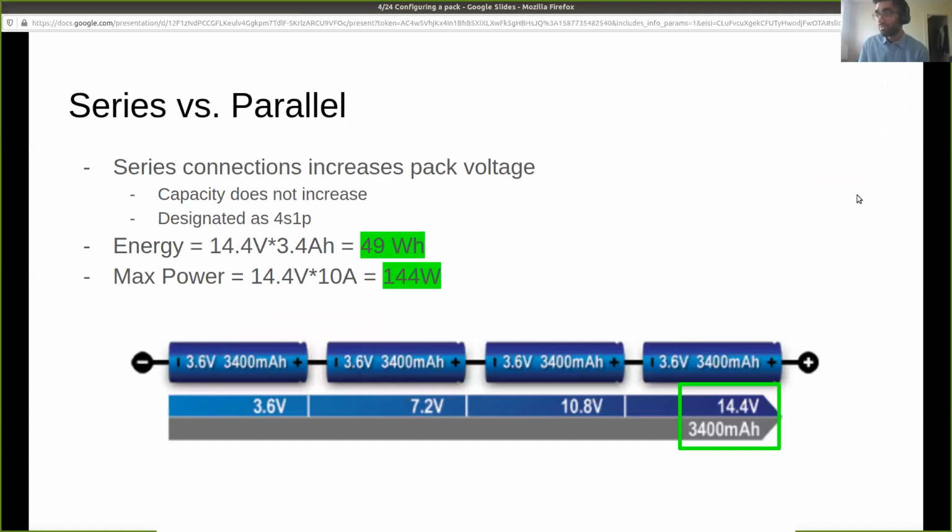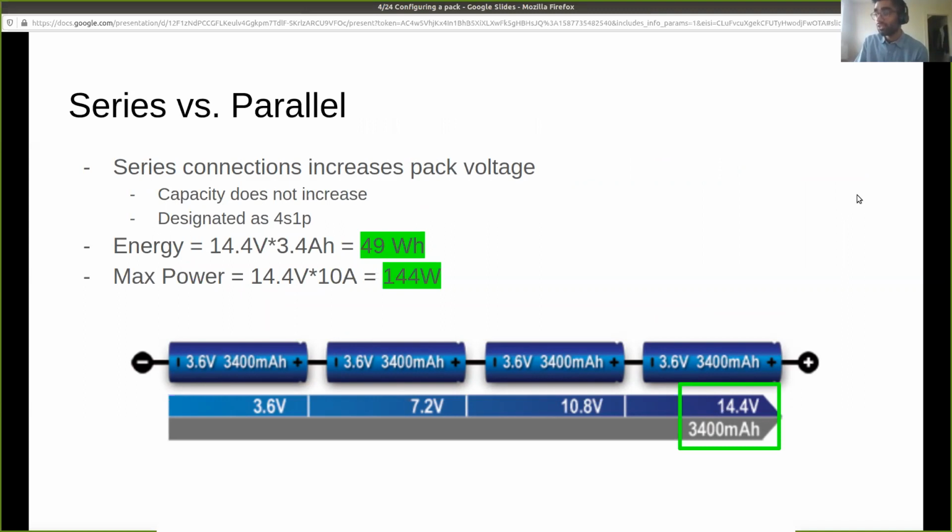One way of connecting them, if you want to build up a battery pack, is connecting them in series. As you connect cells in series, the voltage will increase, but the capacity will stay the same. So if you have 4 cells in series and 0 extra cells in parallel, we're going to designate this battery pack as 4S1P.